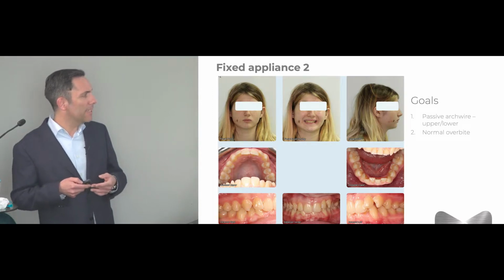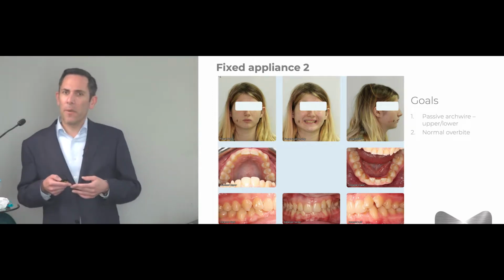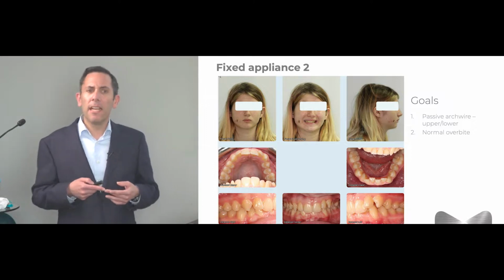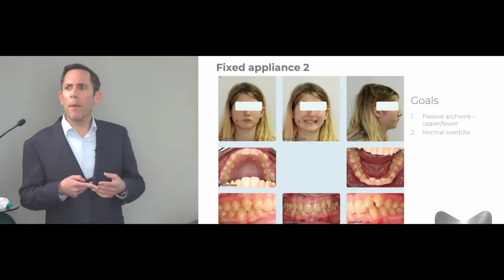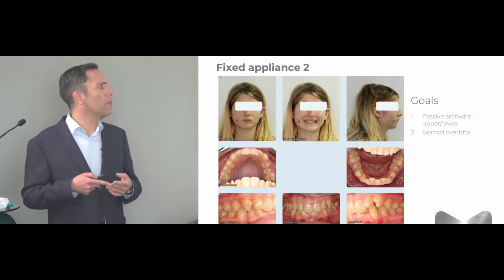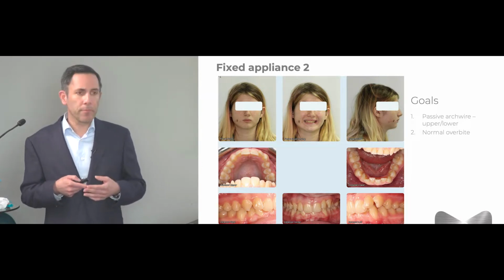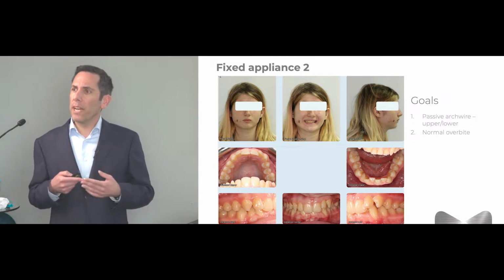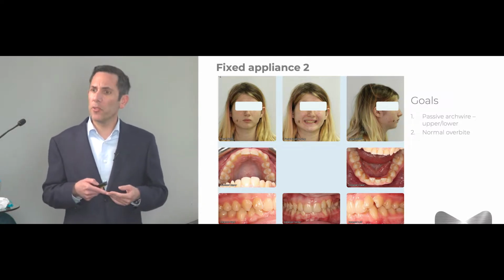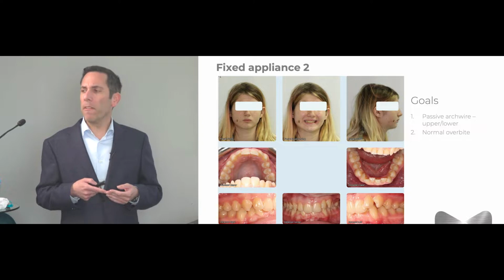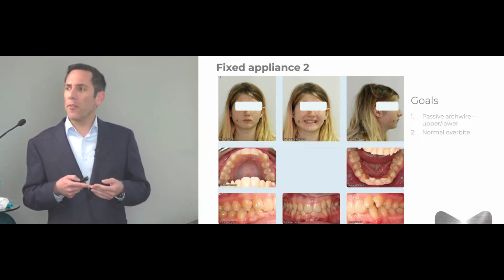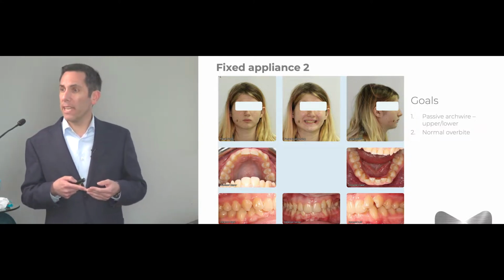And here we have another case that I wanted to share with you with fixed appliances. Here again, we've got upper moderate crowding, lower moderate to severe crowding with deep bite, class 1 right and left. That patient with retroclined incisors was going to be treated non-extraction with upper and lower fixed appliances and bitramps behind her upper central incisors.